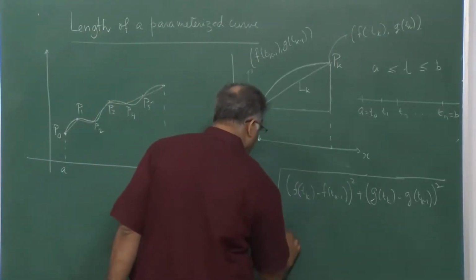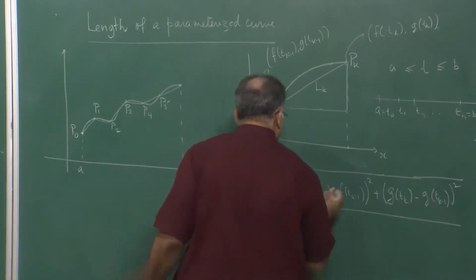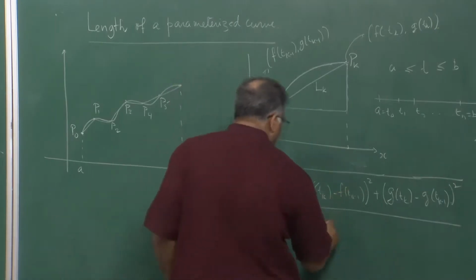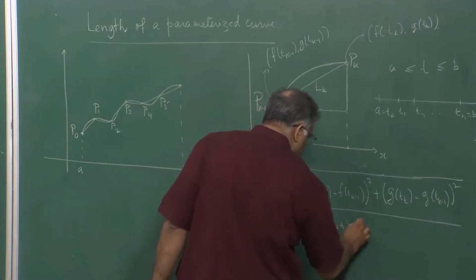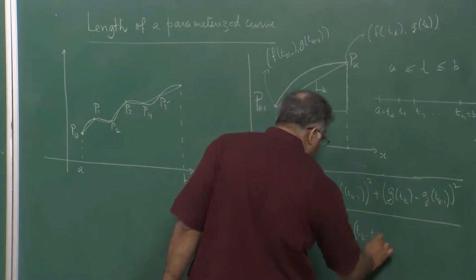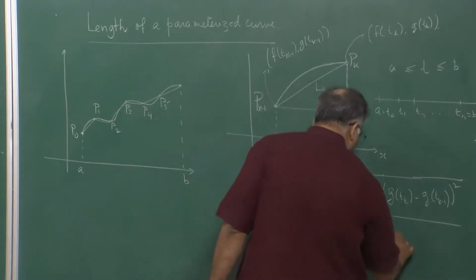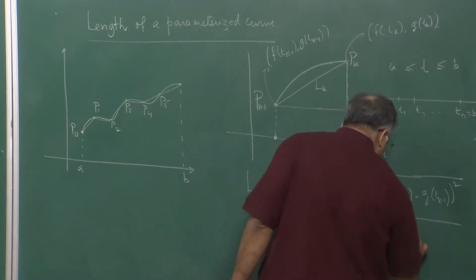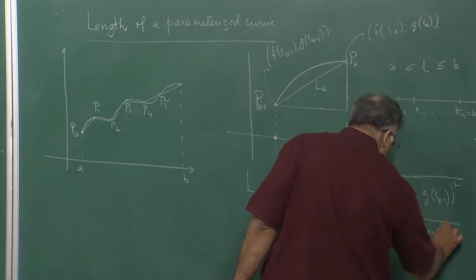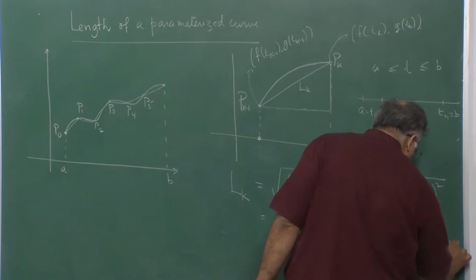This gives me some t star lying between t_{k-1} and t_k, which I do not bother about: f dash of t star times (t_k minus t_{k-1}) whole square, plus g dash of t double star whole square times (t_k minus t_{k-1}) whole square.